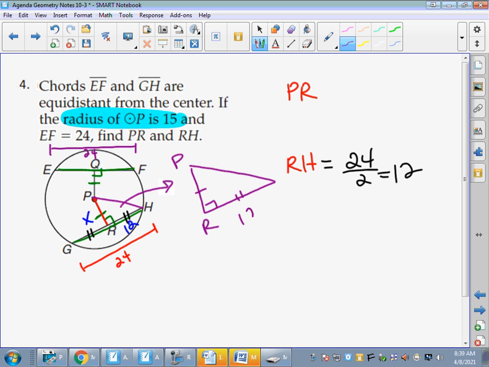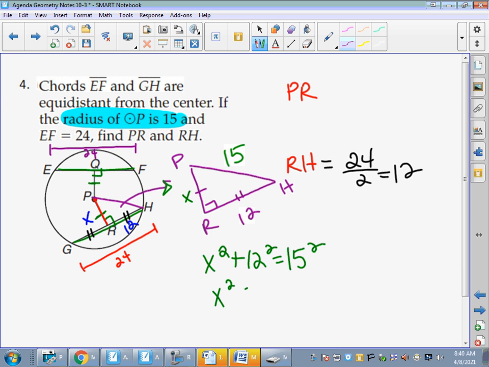This is 12, this is H, and X. PR is what we want to find, that's our X. Do you know PH? You sure do, right? PH is a radius. PH is 15. So I can do myself Pythag. 15 is the hypotenuse, x is a leg, so x squared plus 12 squared equals 15 squared.